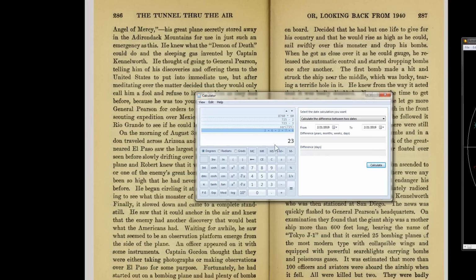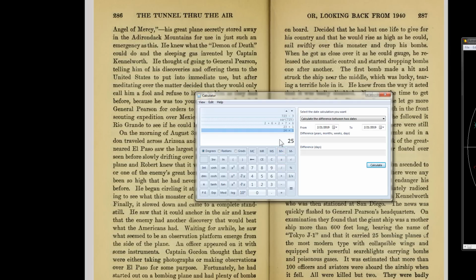Tokyo is 23. J is 24. And the 1 equals 25. So the title, Tokyo J-1, numerologically adds up to 25, which just happens to be the same number of bombing planes on board. Pretty interesting.